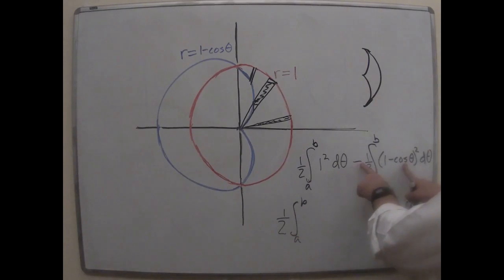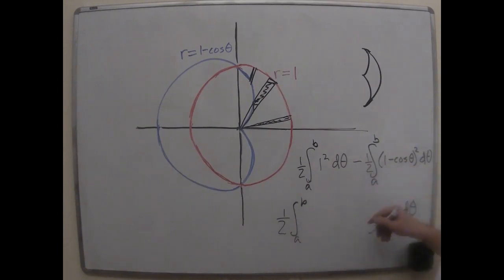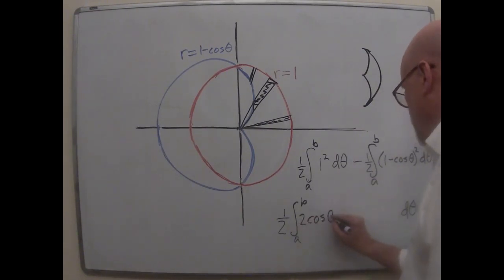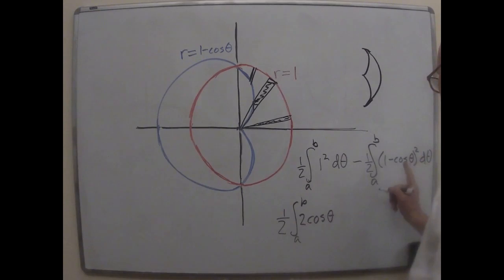Well, again, we're subtracting, so that'll be 2 cos theta. And then plus cos squared theta, and that's actually being subtracted. Right, so that's 2 cos theta minus cos squared theta d theta.